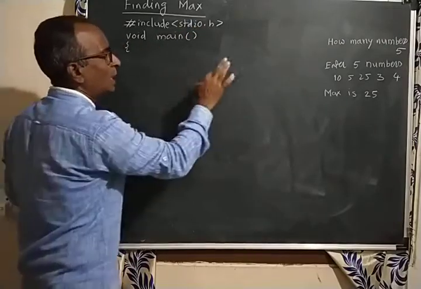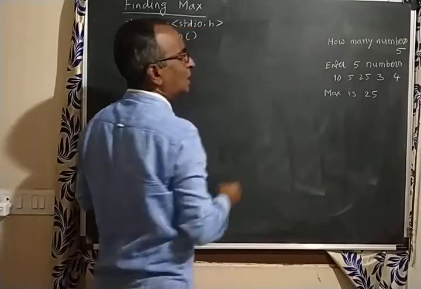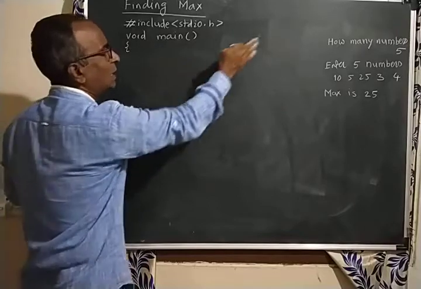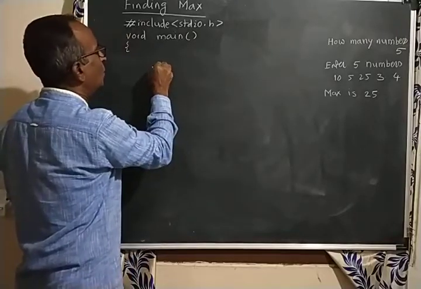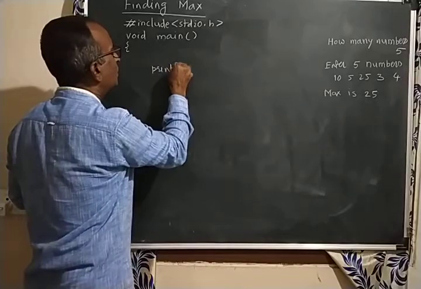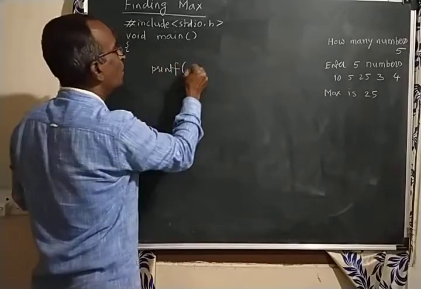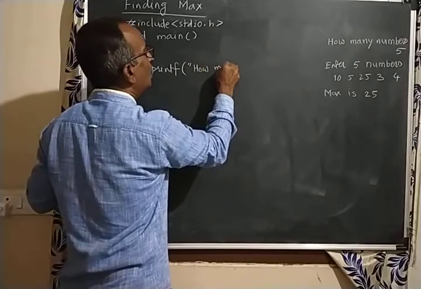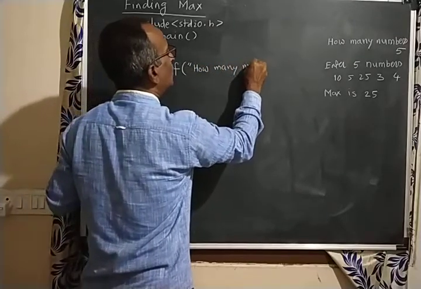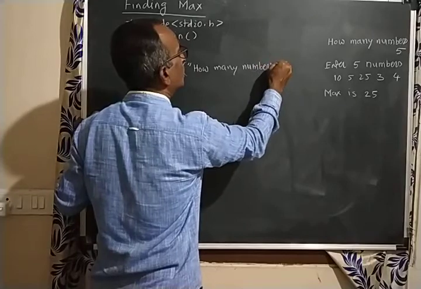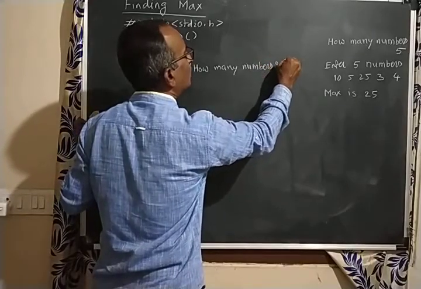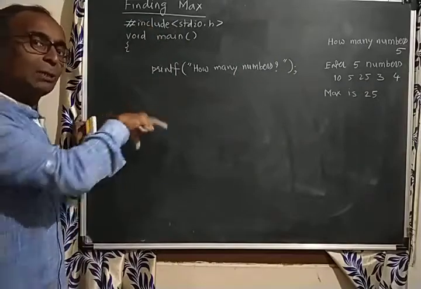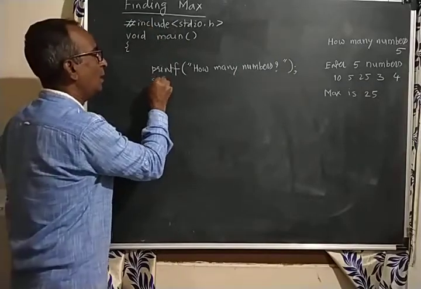Now what I want to do is print how many numbers. I'll not declare any variables now. Printf "how many numbers". I have to read that number and store it in some variable.